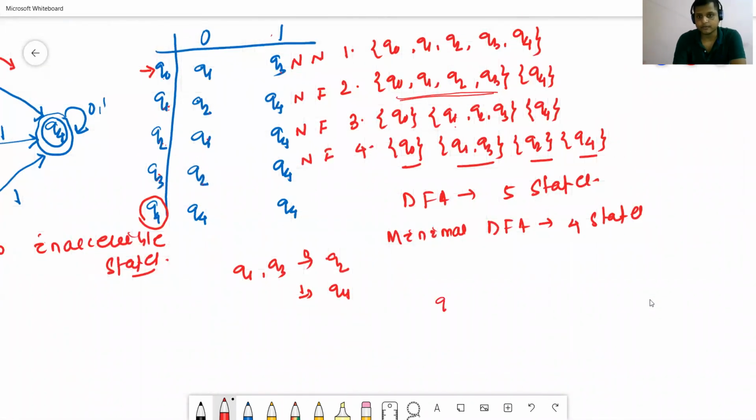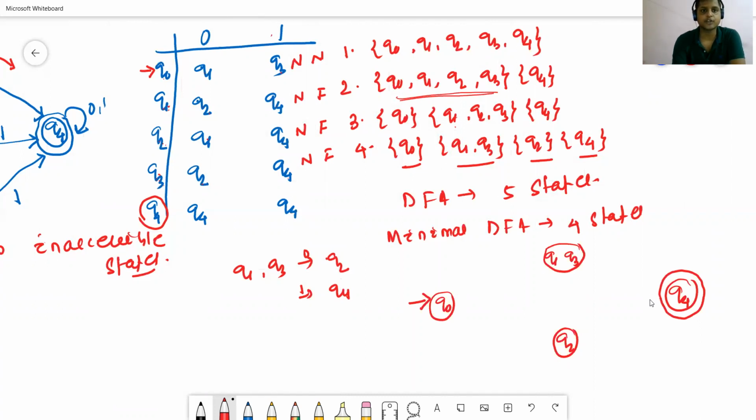The states are Q0, Q1 and Q3 together, Q2, and Q4. Q0 is the initial state in the original DFA, so Q0 is the initial state. Q4 is the final state in the original DFA, so Q4 is the final state.